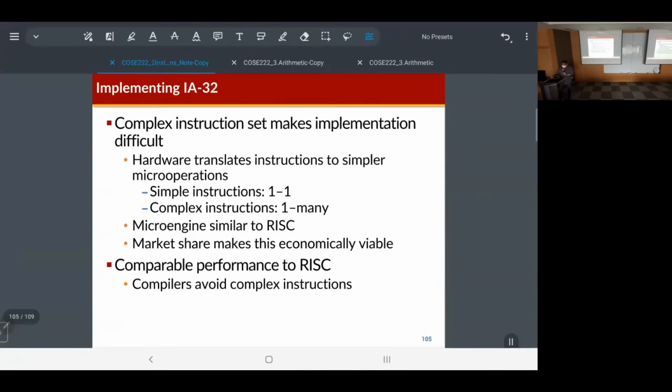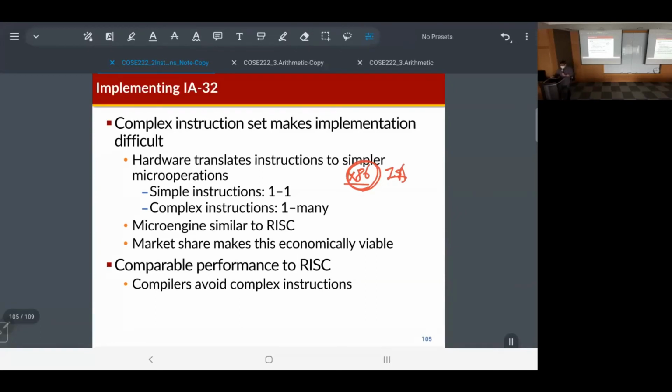But the problem is that Intel and AMD need to support the x86 ISA. Also, new CPUs need to support very old, very inefficient instructions. So how can we support these instructions?